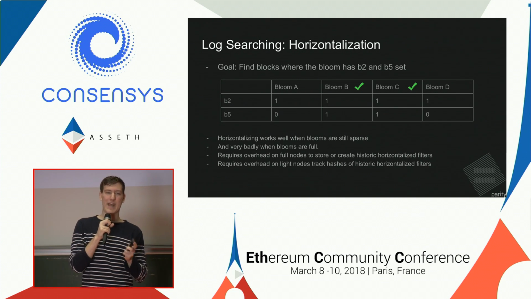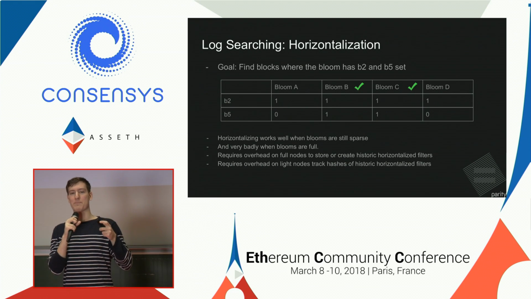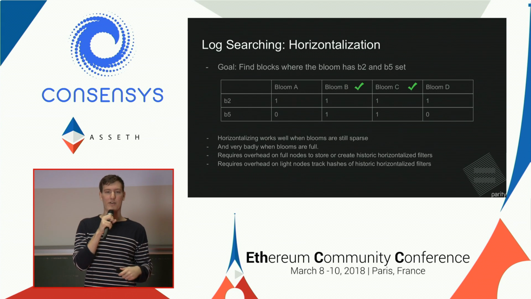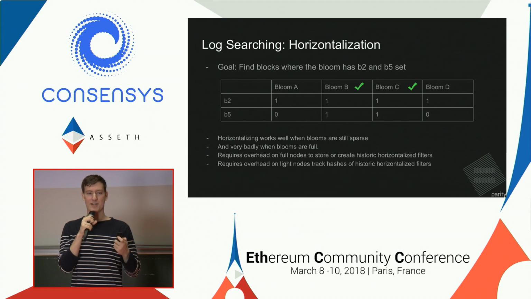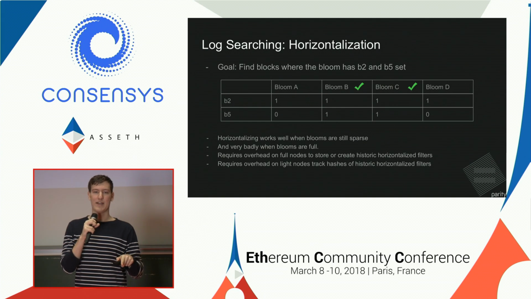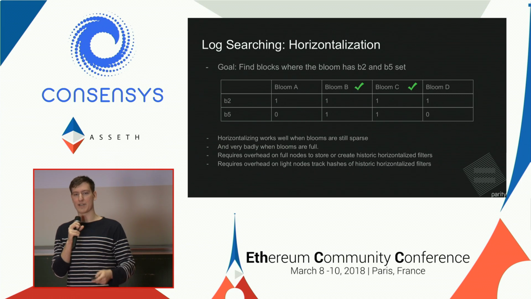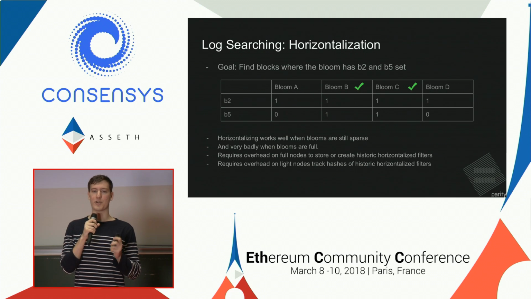The entries of these bit vectors are just whether that corresponding bit was set in the bloom of the corresponding block. So we've horizontalized, and now we would check for bits 2 and 5. We can just download those bit vectors, and check those without downloading quite as much data.